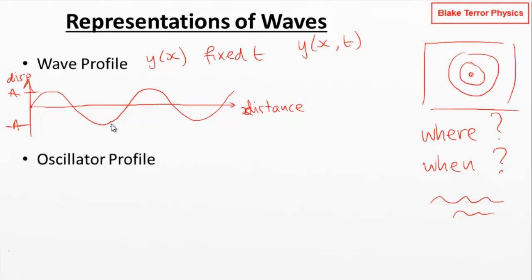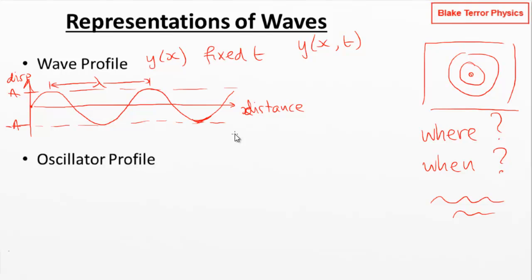It's not decaying in any particular way. We can also read our wavelength off as the distance between consecutive points at the same phase, so consecutive maxima, consecutive minima, that sort of thing.